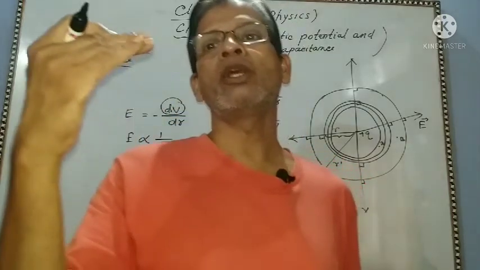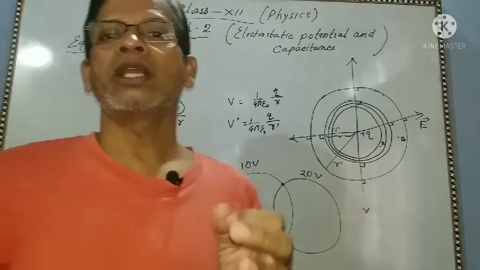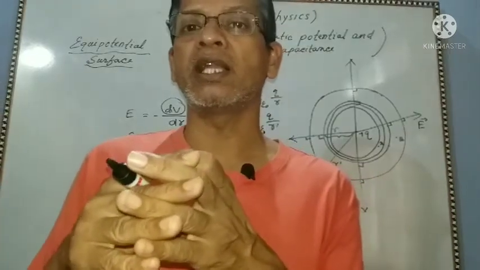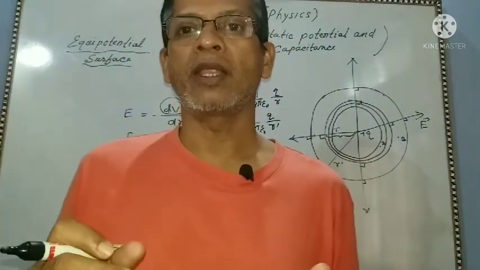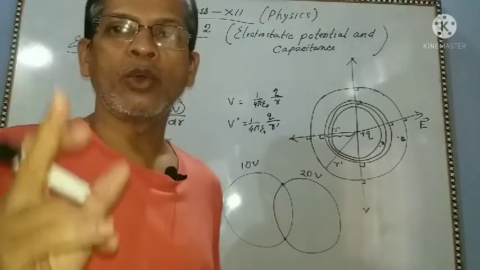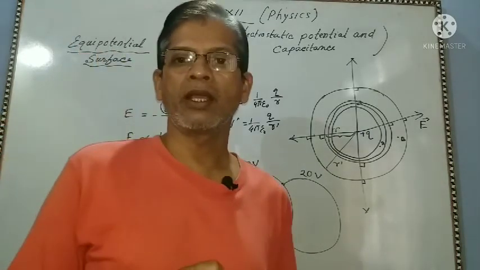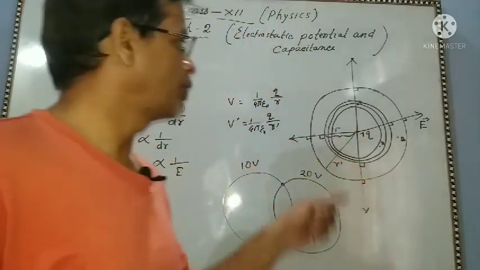The electric field will be towards the decreasing electric potential. And the last one is, equipotential surfaces cannot intersect each other. If they intersect, we cannot say what the electric potential will be at this point and at this point. Clear?